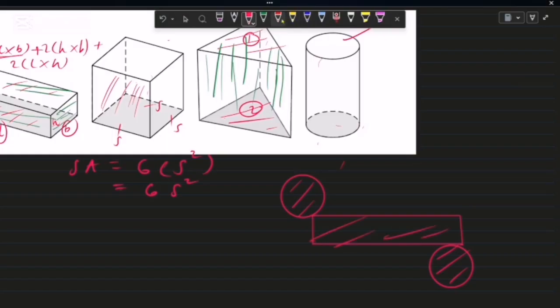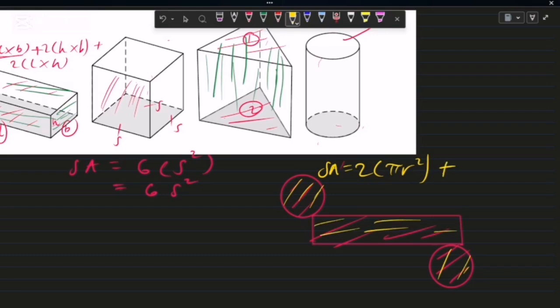Okay, so the surface area will be two times pi r squared, which is basically the areas of these guys. Okay, and then we can say plus the area of that one.